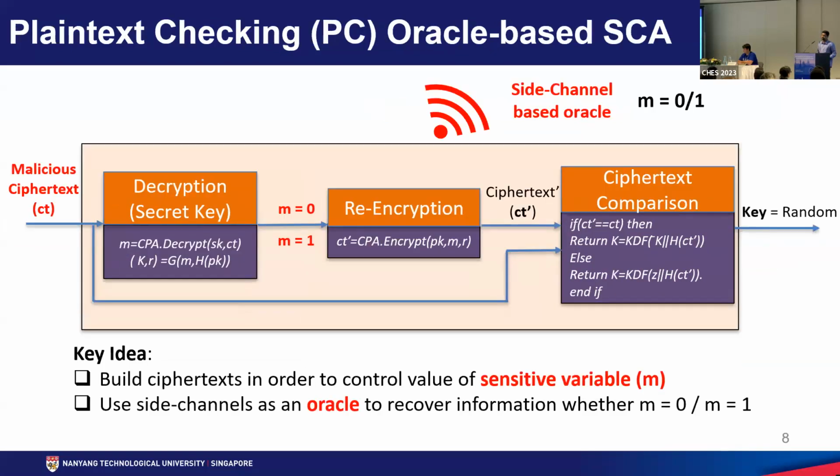Now what we are trying to do is invoke a side channel based oracle that will give us information about the message bit, whether it is 0 or 1. We can construct the ciphertext such that we have control over these message bits, and based on the information we get, we also get information about the secret coefficients.